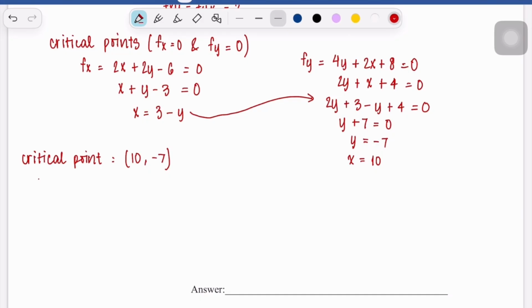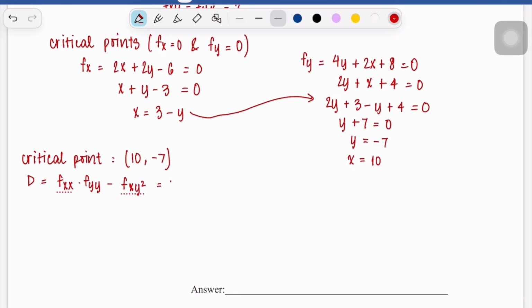Now we find what this critical point exactly is, if it's the local maxima or minima. So for that we find D, and D is just the determinant. Sorry, I keep saying discriminant, it's the determinant.